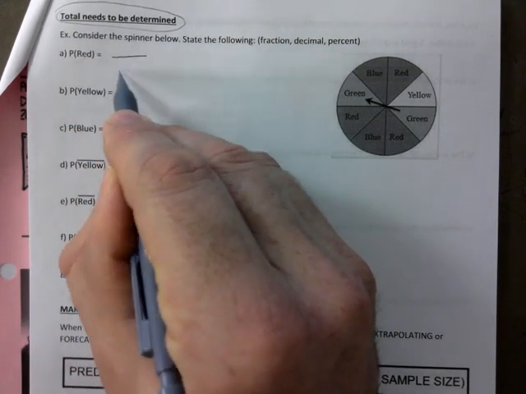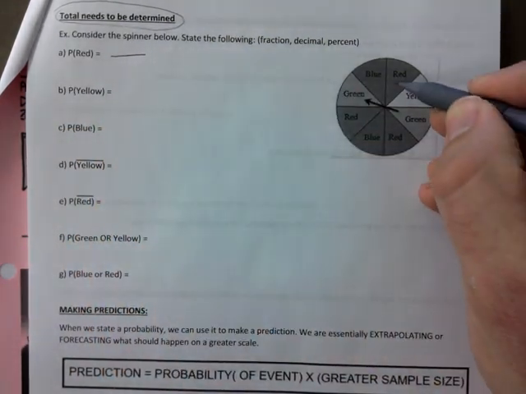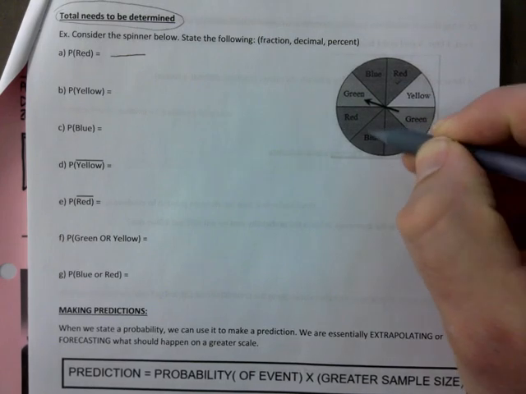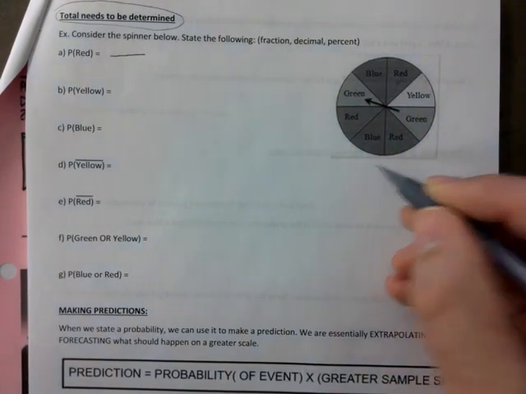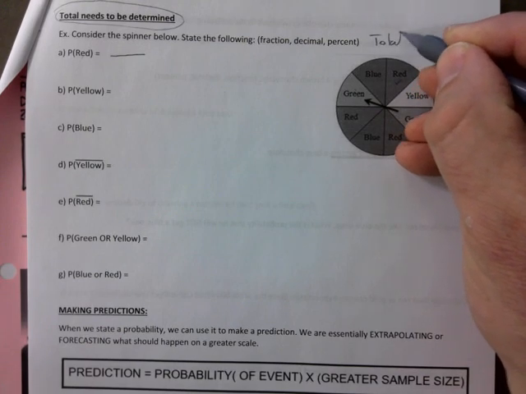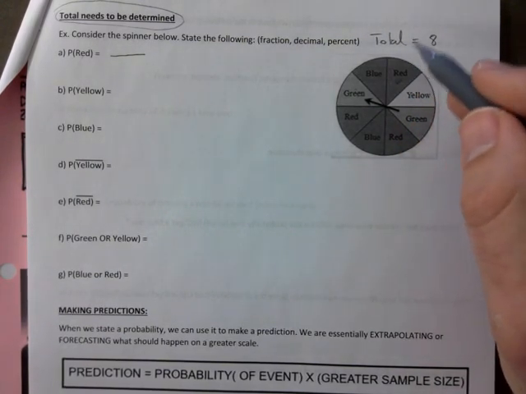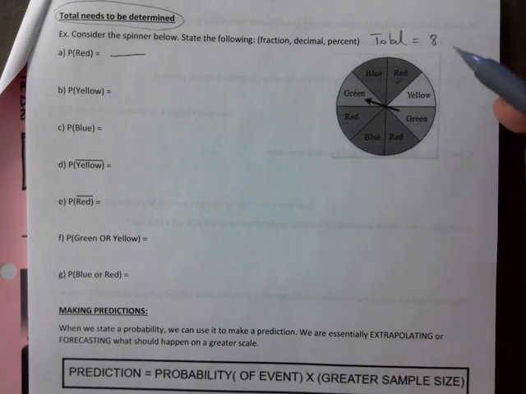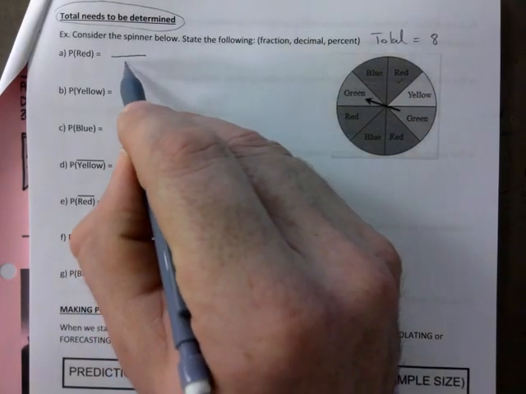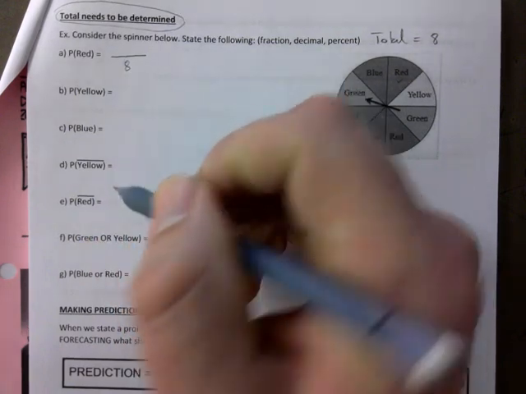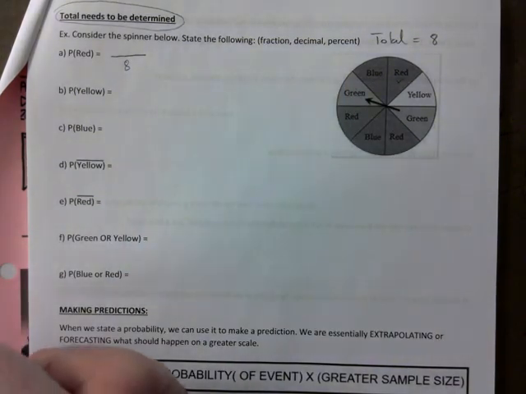What's my total here? Well, you count. 1, 2, 3, 4, 5, 6, 7, 8. Total is 8. Total outcomes, total possibilities is 8. So when you come to your probability, you should have an 8 there every single time.